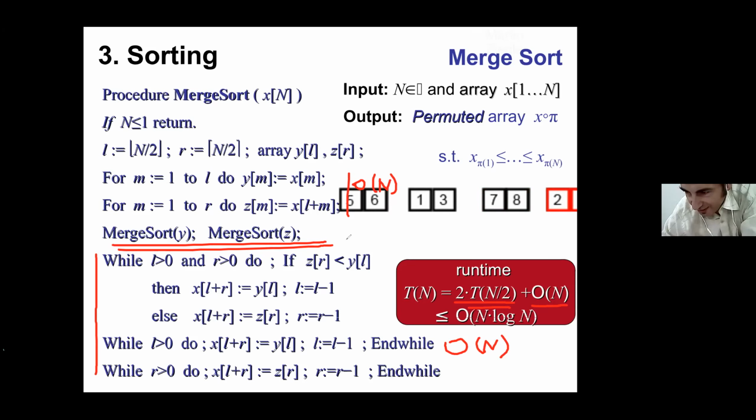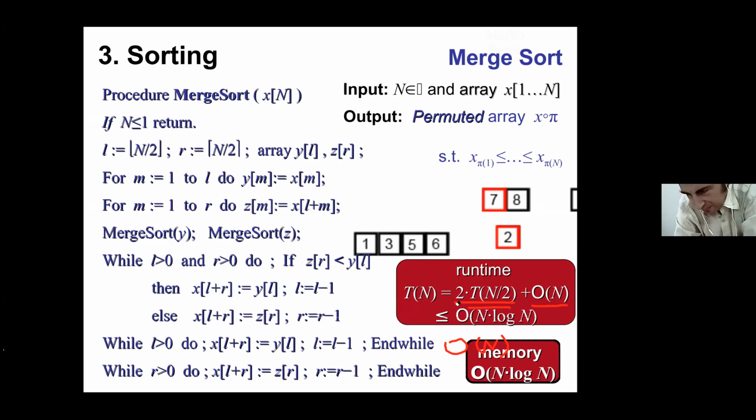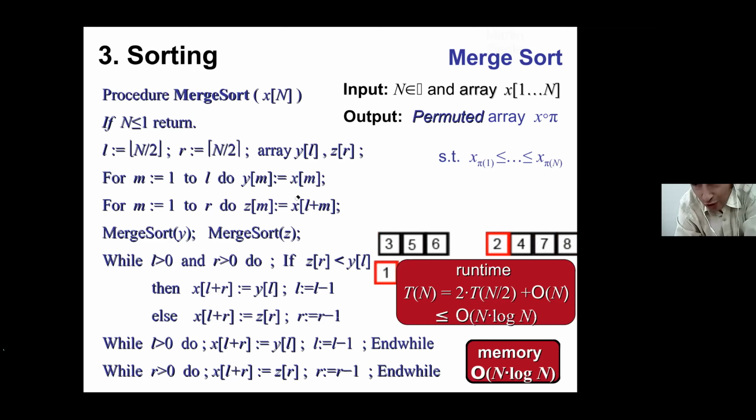But a little bit of a problem is this extra copying and extra memory consumption. Every time you run this, you always need these extra arrays y and z, and together the size of y and z is the size of x.